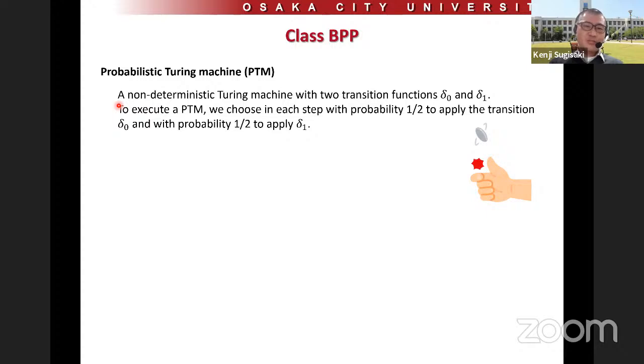The computation proceeds something like this. The PTM is a non-deterministic Turing machine with two transition functions, delta 0 and delta 1. To execute the computation using a PTM, in each step we choose with probability 1/2 to apply the transition delta 0 and 1/2 probability to apply delta 1. So roughly speaking, this PTM always performs coin tossing to perform the computation.